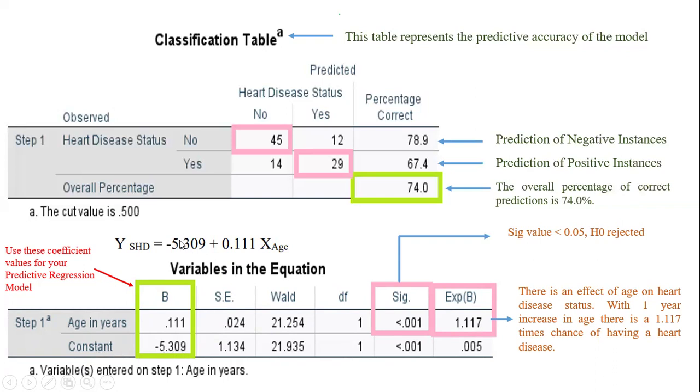You need to put it into your regression model. Then you need to put your beta coefficient value of age, that is 0.111 here. Because this value is positive, you need to place the positive value here and then age. This X sign is basically the multiplication sign. So we are going to use this as a predictive model in order to consider the further step.